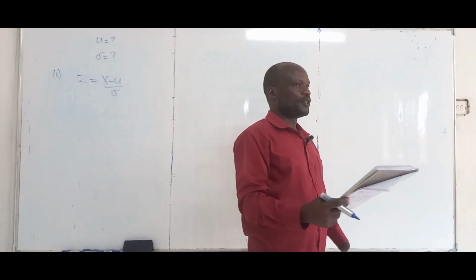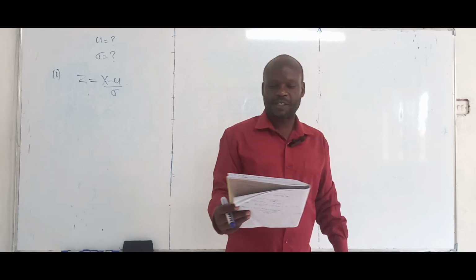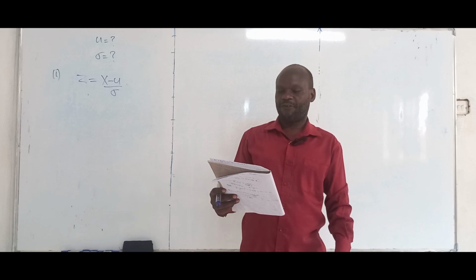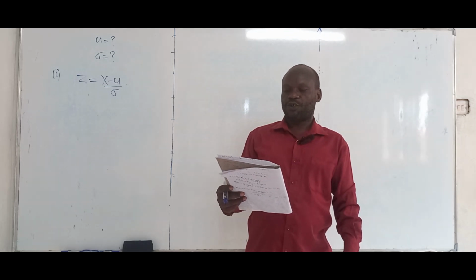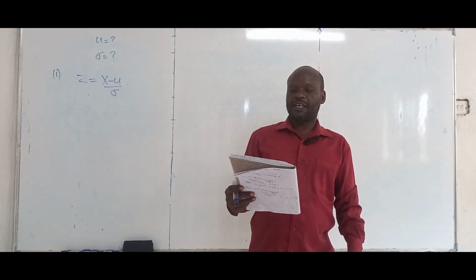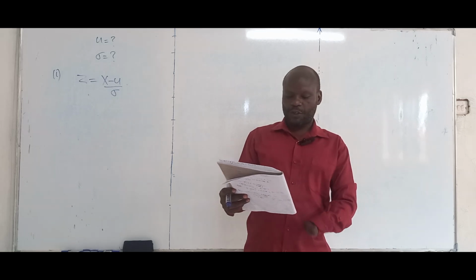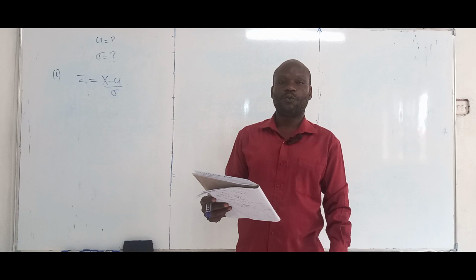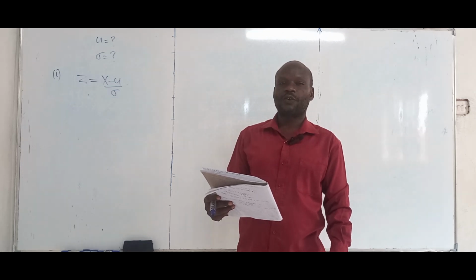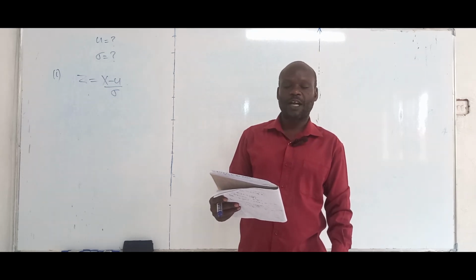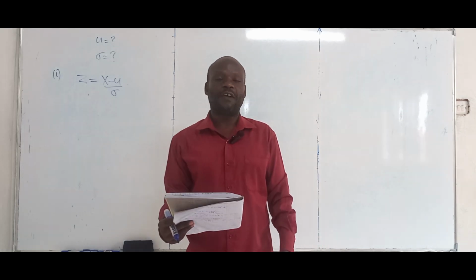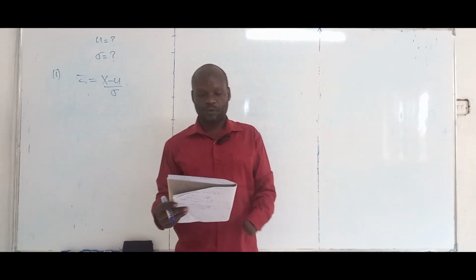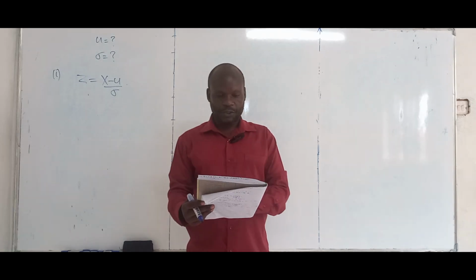In terms of probability, 25% is 0.25. So what we are going to do is read the value from the table that corresponds to 1 minus 0.25, since the table we are using considers values from 0 to a particular value.